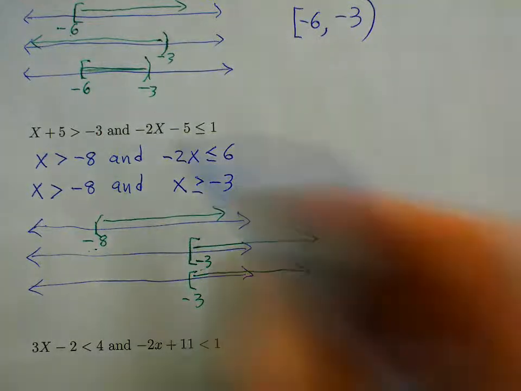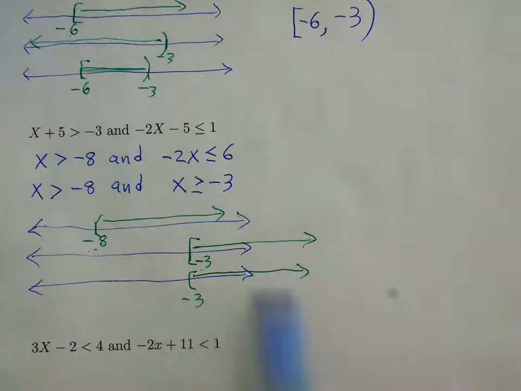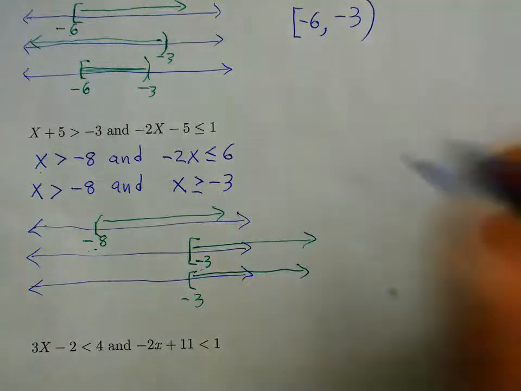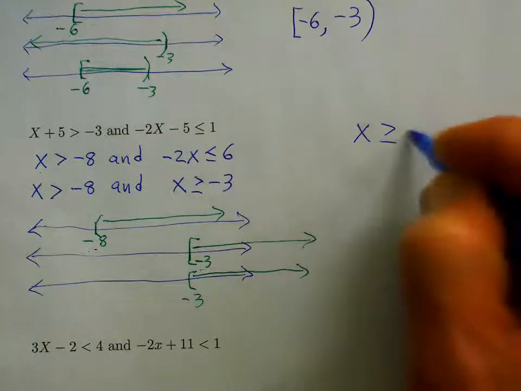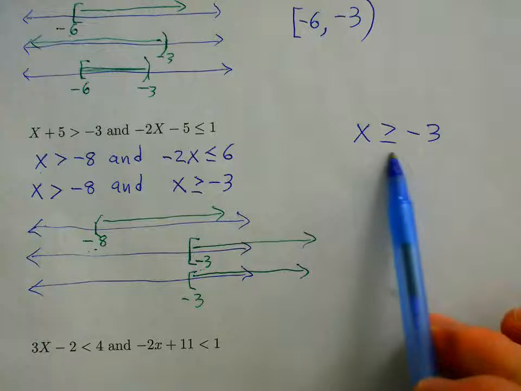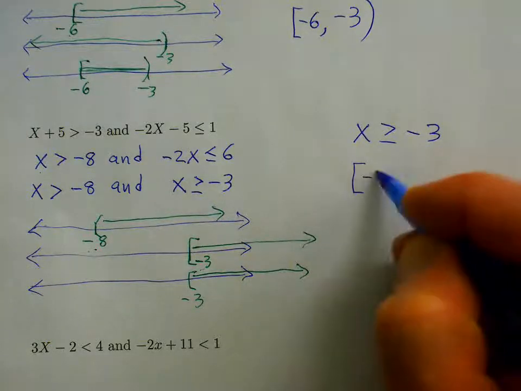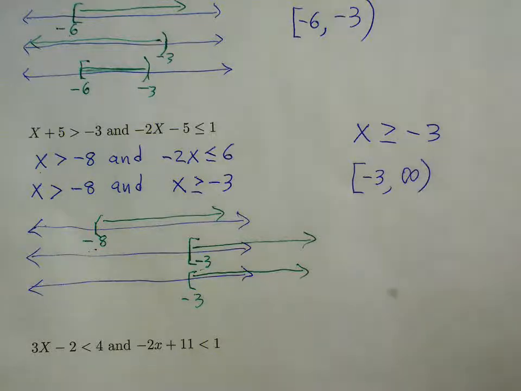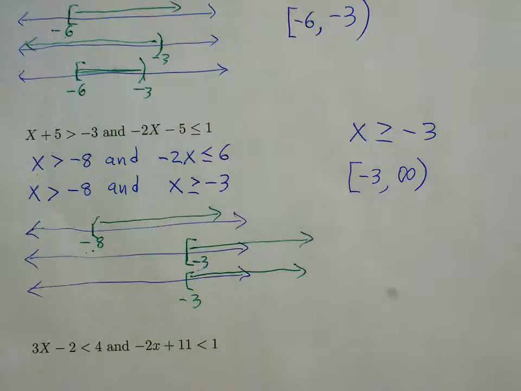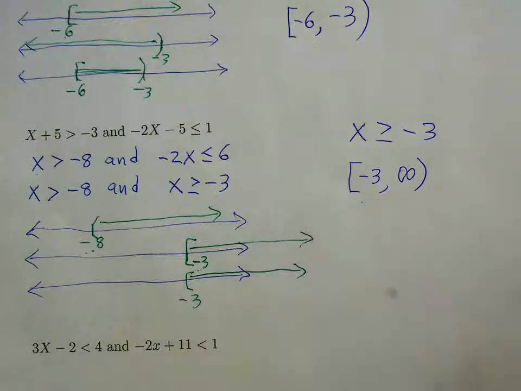So let's write the algebraic notation first. The algebraic notation is just x is greater than or equal to negative 3. The interval notation for this is bracket negative 3, comma, infinity. So this is the way that we want to write the interval notation.